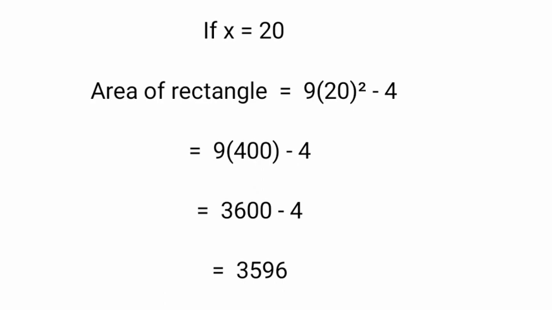Now multiply 9 into 400: 9 fours are 36, so 3600 minus 4. Now subtract: the answer is 3596 square units. The area of the rectangle equals 3596. Can you understand? Okay.